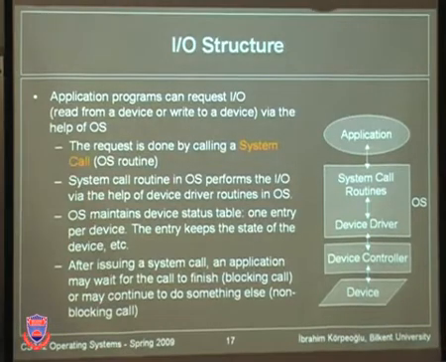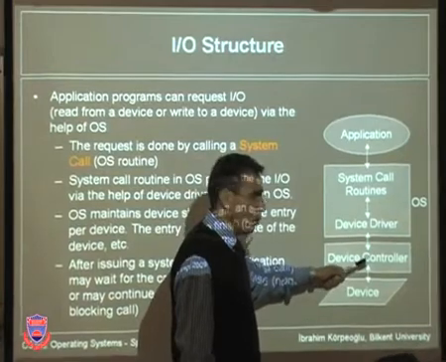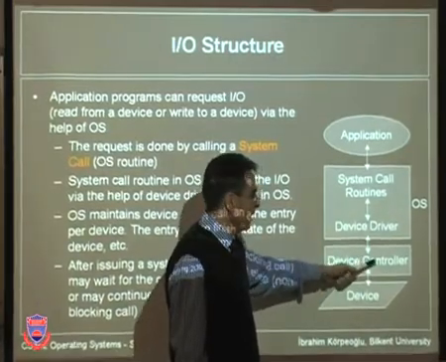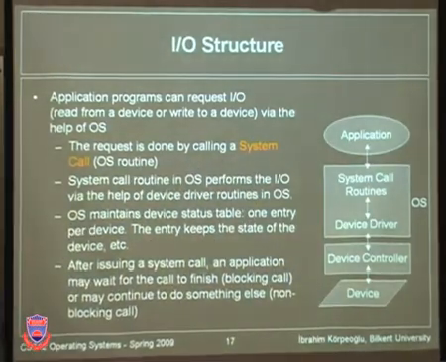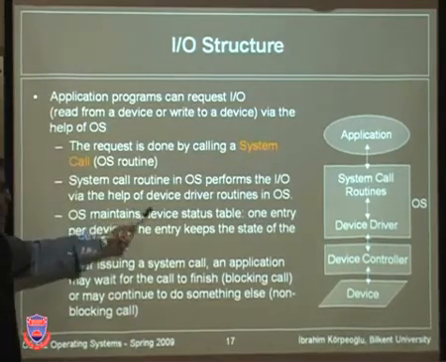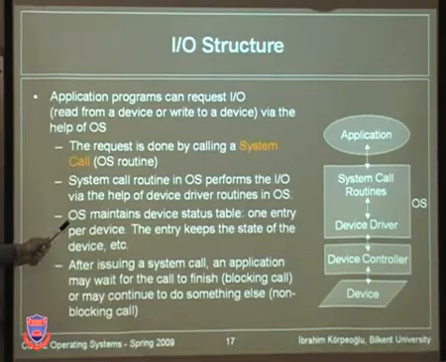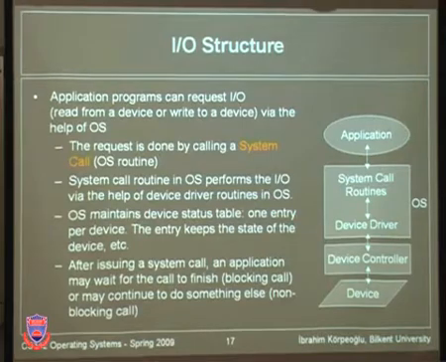They can further call the device driver routines to talk to the device controller, and finally the controller knows how to put the data to the device or get the data from the device. So the system call routine in the operating system performs the I/O with the help of the device driver routines. The OS can maintain a device status table, one entry per device. The entry for a device may keep whether the device is busy, the state of the device, and so on.